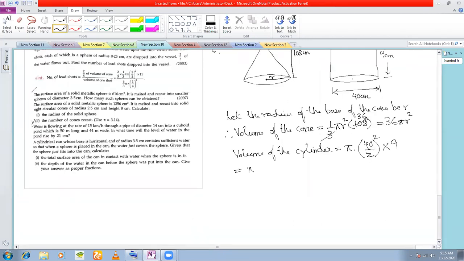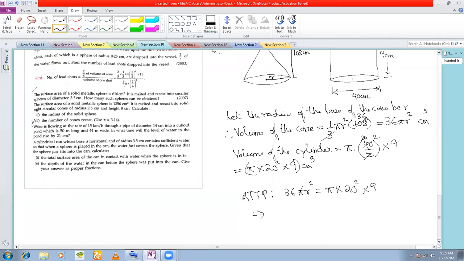So that means pi into 20 square into 9, in centimeter cube. Now it is given in the problem that both the volumes are equal. The volume of the cylinder and the volume of the cone are equal. That means 36 pi r square must be equal to pi into 20 square into 9.